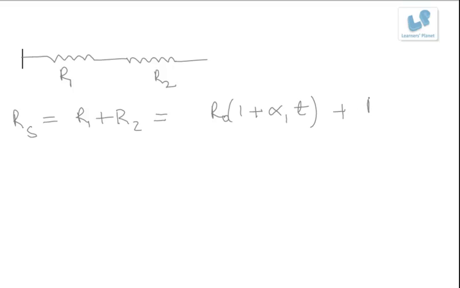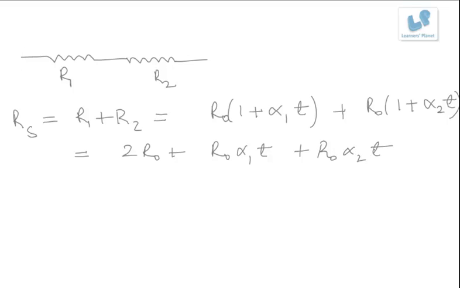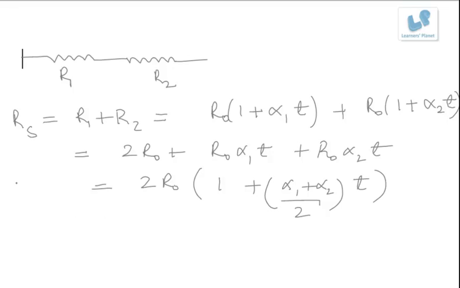So when both of them are connected in series, let us say this is R1 and this is R2, so their R series would be equal to R1 plus R2, which in turn can be written as R0 (1 plus alpha 1 T) plus R0 (1 plus alpha 2 T), which in turn can be written as 2 R0 plus R0 alpha 1 T plus R0 alpha 2 T, which can be further written as 2 R0 common, 1 plus (alpha 1 plus alpha 2) by 2 times T.